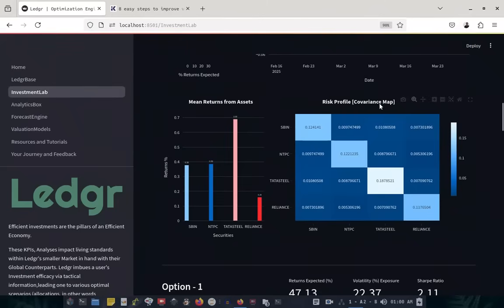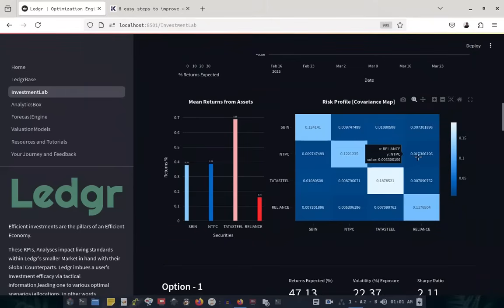This is extremely essential because it gives us a clear picture of how much interdependence there is amongst the securities concerned, which would mean that if one of the securities were affected negatively, how would it affect the others, and so on and so forth. It has also been color coded, and it also has values.